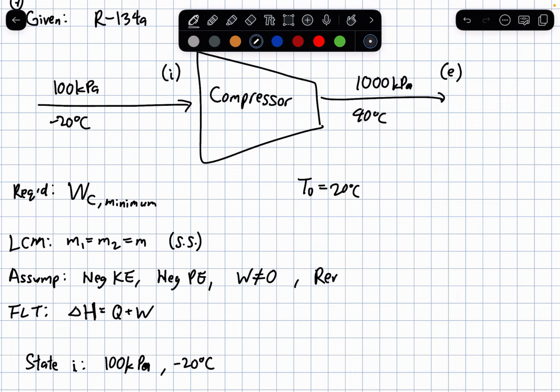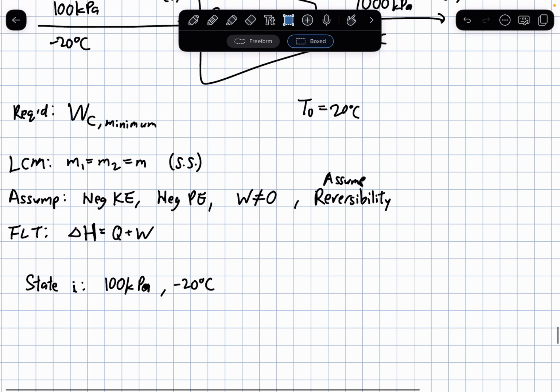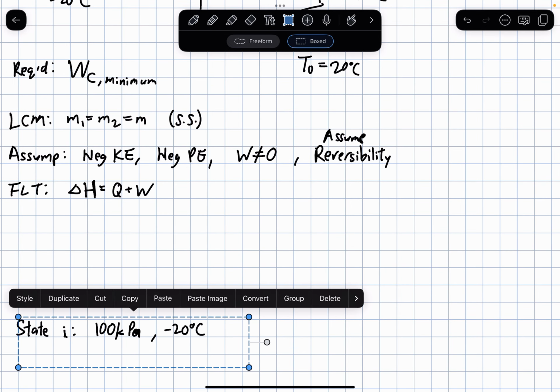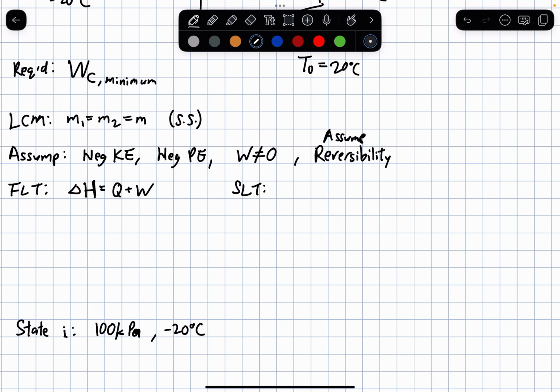So assume reversibility. In that case, we have also SLT. Entropy is equal to integral dq over T plus S gen. But since reversible process, S gen equals 0.